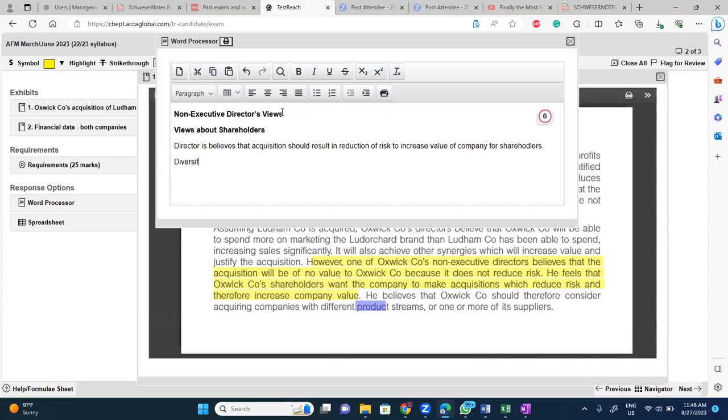Diversification can be achieved by investing in a different product stream or acquiring a supplier.